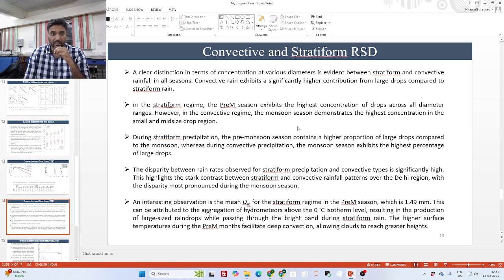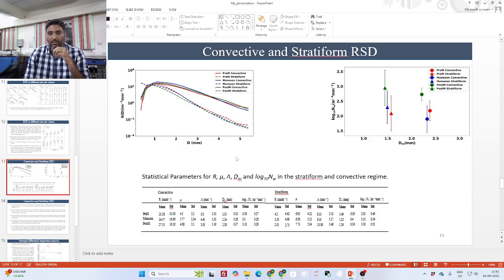Some very interesting results again come out of this stratification. First of these is that a clear distinction is evident: convective rain exhibits a higher concentration of large drops compared to stratiform rain. As we see here, the Dm is higher for convective compared to stratiform.